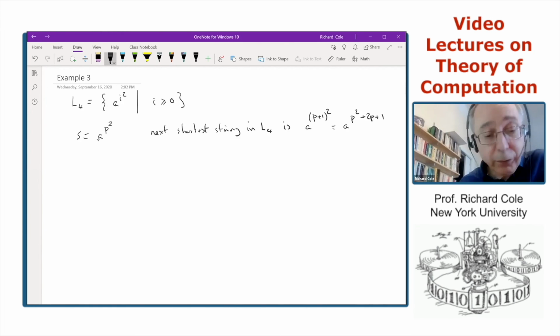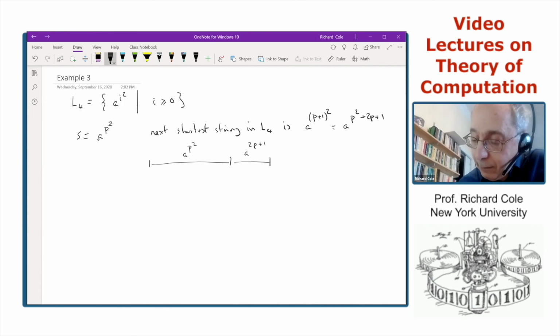So let me just draw a picture here. A to the p squared. This is my string S. Let this be a to the 2p plus 1. So this longer thing would be my string S primed.